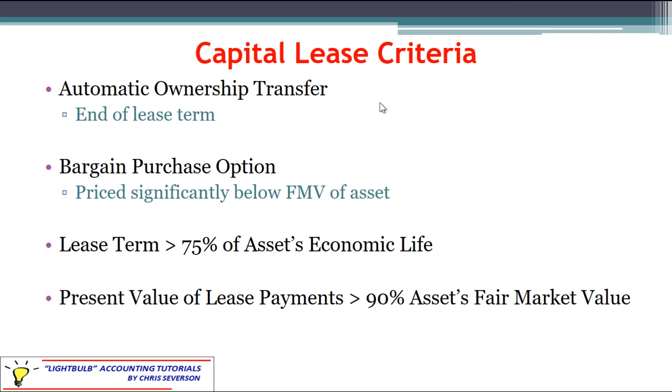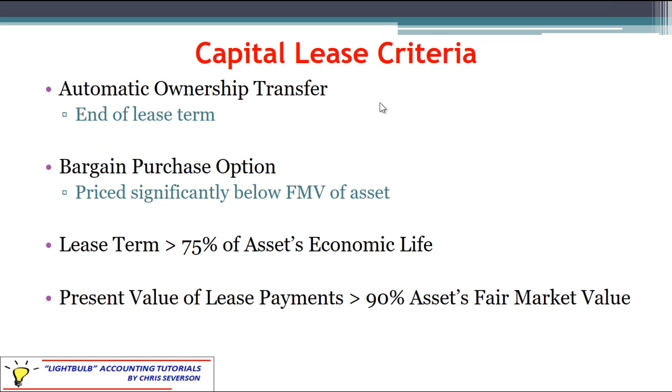The second is a bargain purchase option. So perhaps a company and a leasing company tried to get around that automatic ownership transfer, and they basically said, hey, this is not an automatic ownership transfer, but you just have to pay us a small nominal fee, and now you're the owner. If that's the case, it's going to be a capital lease.